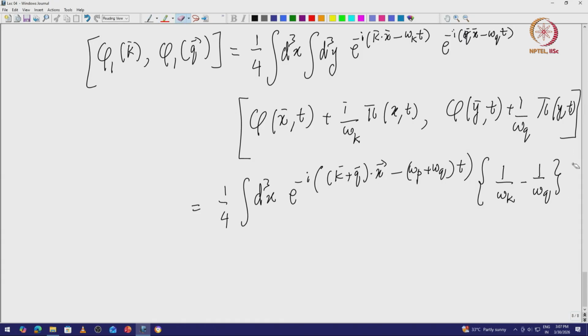To know what this is, if you remember your identity of a delta function, you know that e power i k x integrated over d cube of x is nothing but your delta function of k essentially. So this is the same thing, you can use the identity, this is nothing but your delta function.